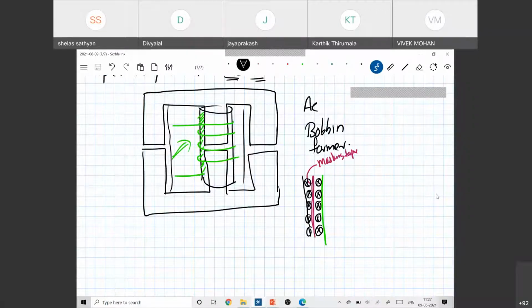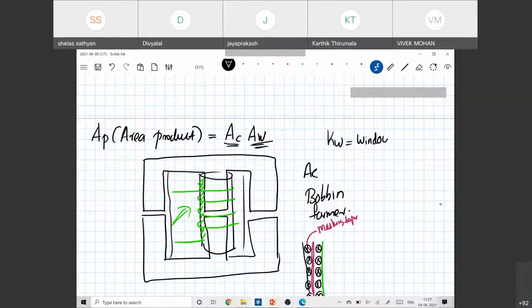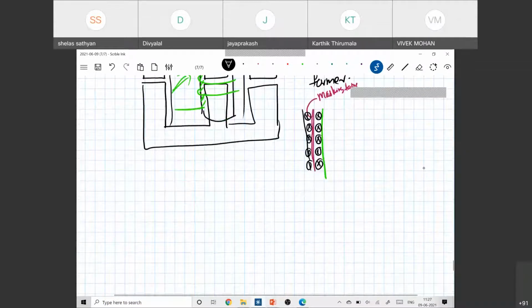So in general, the window area which we can use in actual practice is lesser than the actual area. That fraction is known as the window utilization factor, KW. For a round conductor, if you are using a copper wire, KW is in the range of 0.3 to 0.5.